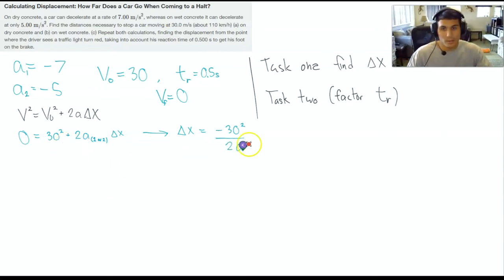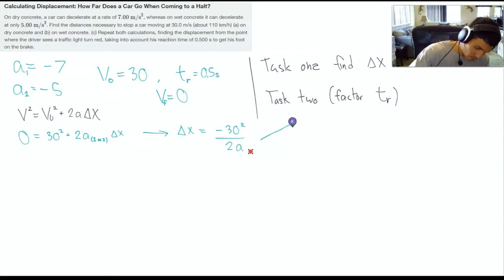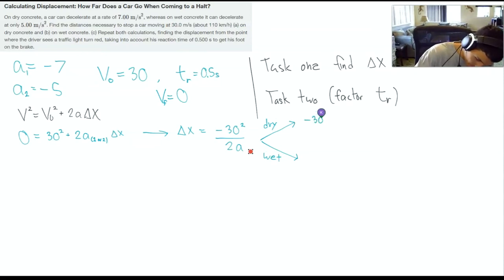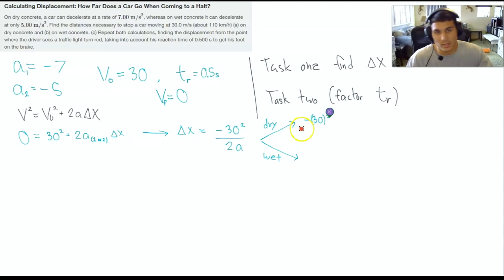Okay, so we're going to use this, and then we're going to have these two answers. So actually let's do dry first, on a dry surface and then on a wet surface. So change in x is going to be negative 30 squared. The negative's on the outside, by the way. This negative is not part of 30, right?